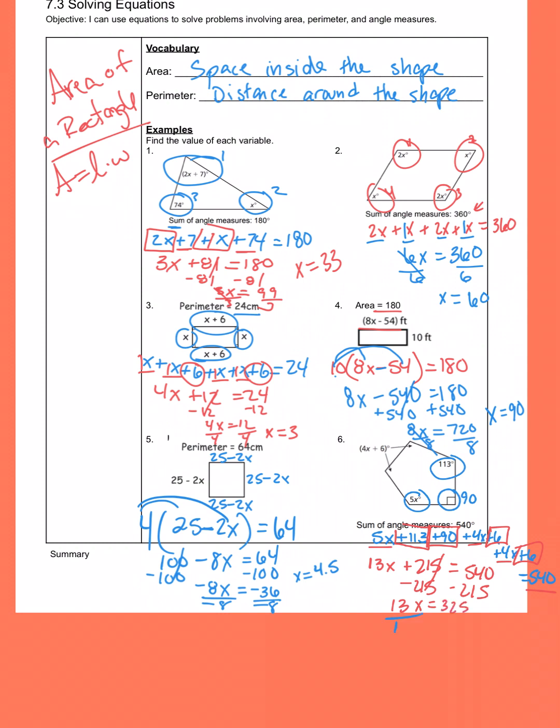Then we're going to divide both sides by 13. And x has to equal 25 when I do my division. So mostly we're just solving regular equations. This happens to have this geometry in it to tell us how to set up our equation.